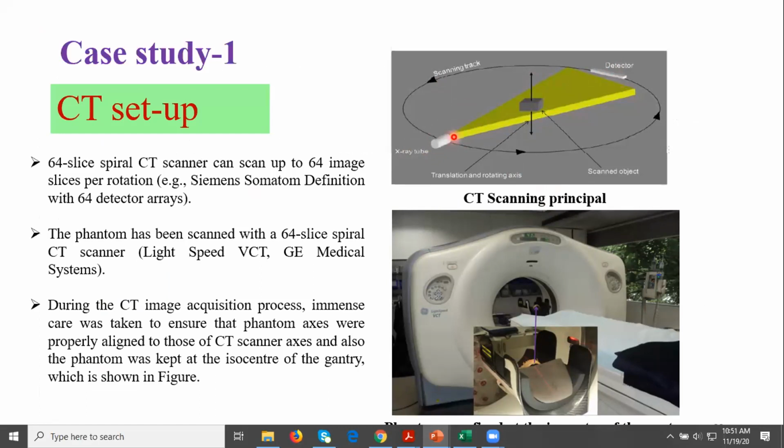Some energy is absorbed by the object, and this energy is not detected exactly. Due to this deviation, you get inaccuracy. The energy that is absorbed is converted into radiation dose to the patient. So when we reduce the radiation dose, the image is not obtained properly.